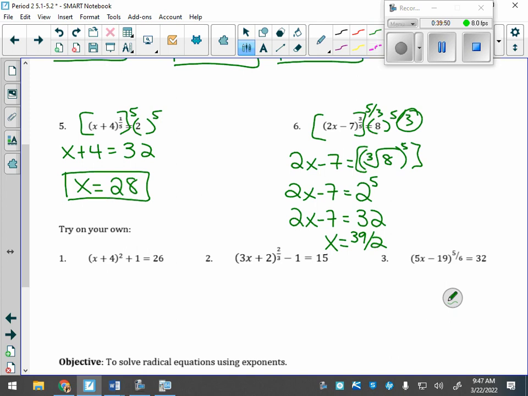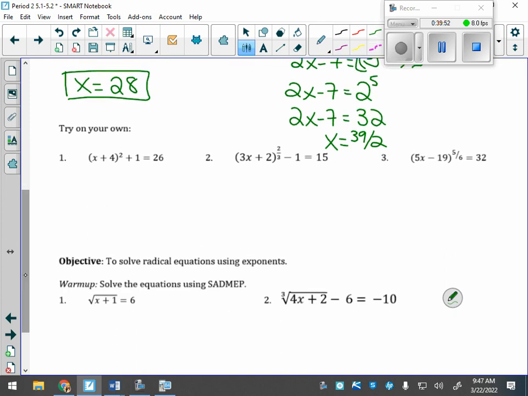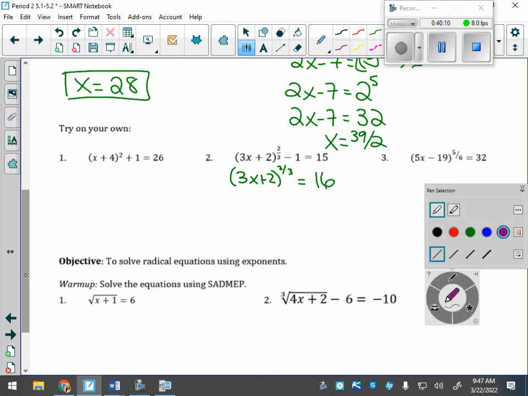So if we look at number 2 together, and then you're going to do the rest on your own, what do we do first? Good. So we have 3x plus 2 to the 2/3 equals 16. Now what? Yep. Good. So we have to raise it to 3 over 2.